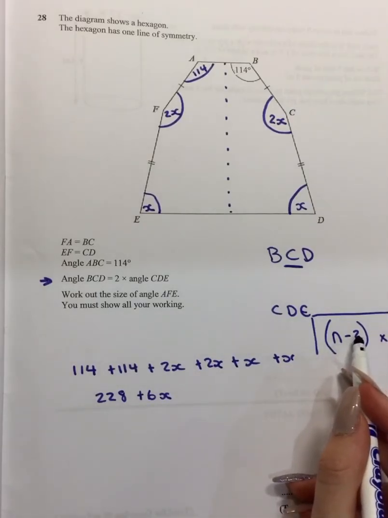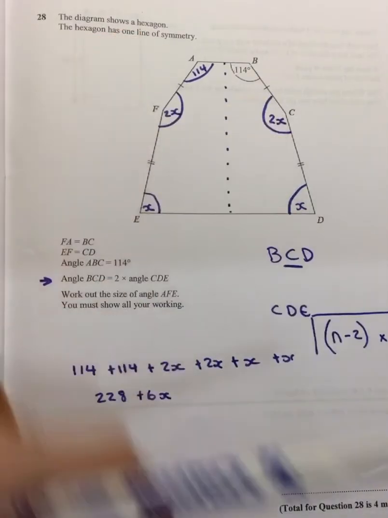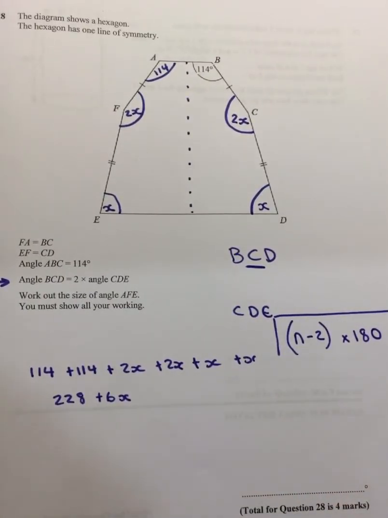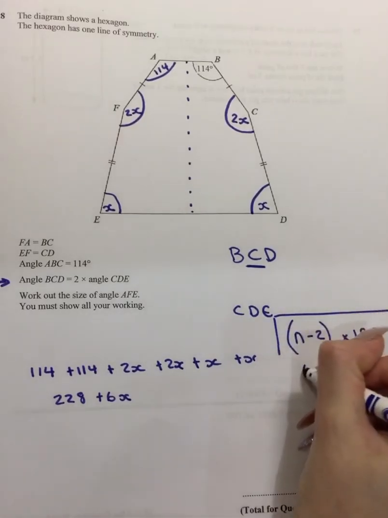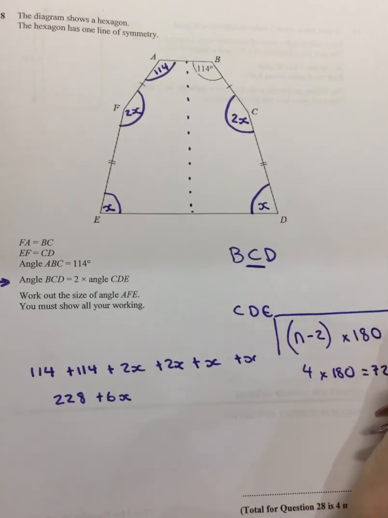We minus 2 from that and we times it by 180. So for this question, because it's obviously a hexagon, n is going to be 6. So it's 6 minus 2 times 180. So it's 4 times 180, which is 720.